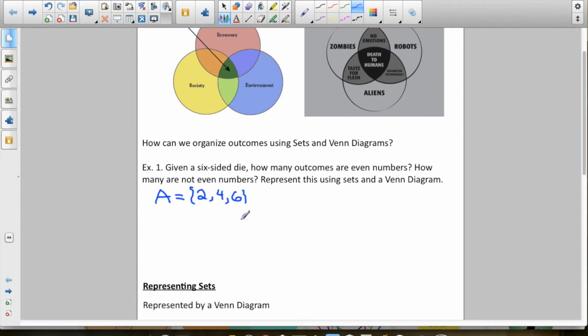So I can use that, if I call the set even numbers here, to create a Venn diagram. Well, we obviously are going to have a circle, and my circle is going to be really awful because I'm writing on a tablet. And we would call this set A. And so within set A, you can write these down. You don't have to. It's got these numbers, and these numbers fill this circle. So those are our even numbers.